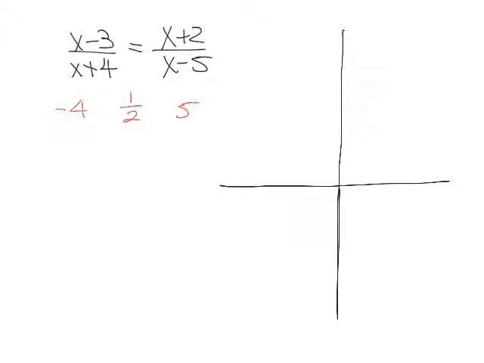We have -4, we have +1/2 where it crosses, and then we have 5, which is going to be another one of the asymptotes. So asymptote, asymptote, and then the 1/2 is where the graph actually crosses.